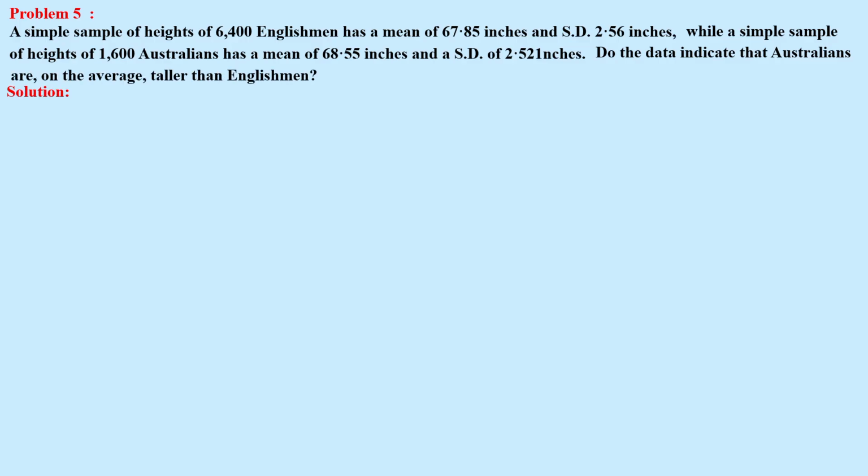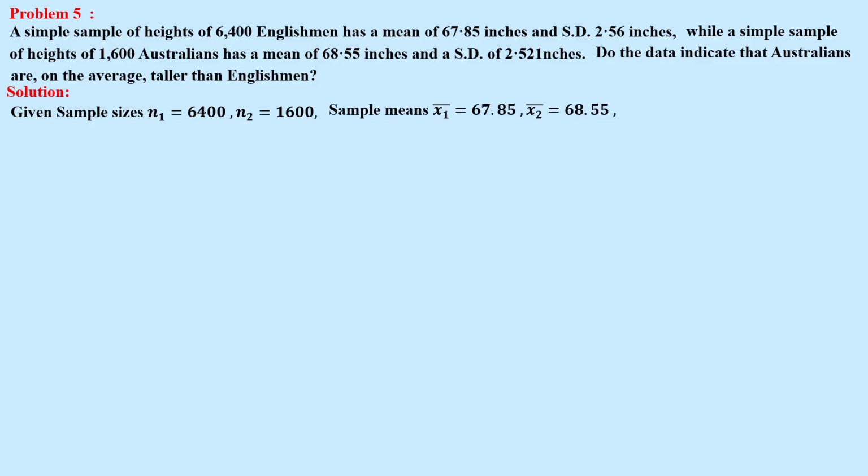Next problem. A simple sample of heights of 6,400 Englishmen, right? The Englishmen sample of 6,400 has mean height 67.85 inches, standard deviation 2.56, that is x1 bar and s1.